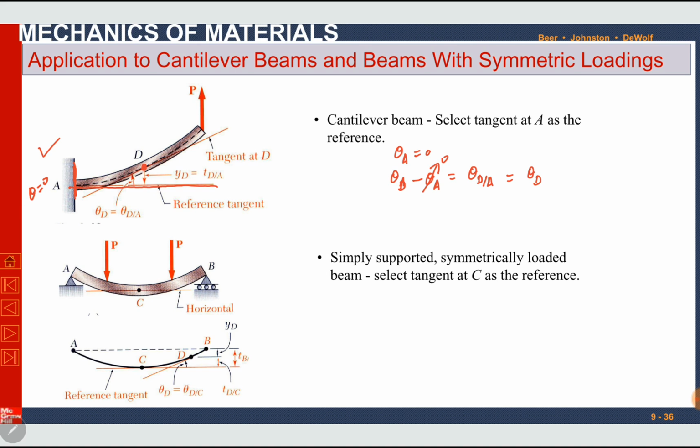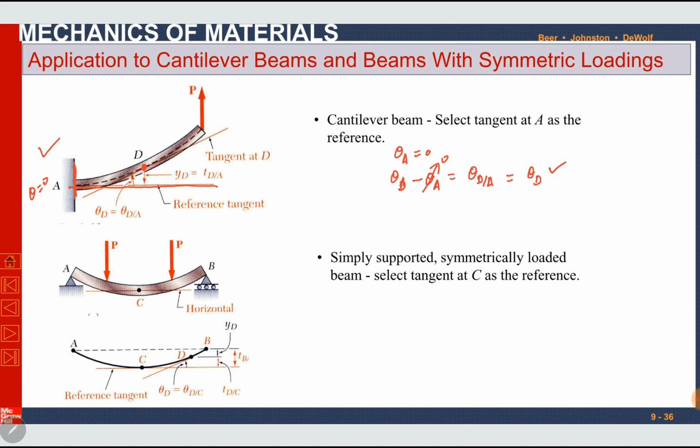So the difference between the slope of any point and the fixed point will be the slope of the same point, theta D in this case. We just have to keep one reference, and that reference should be theta equal to 0, which is at the fixed point in cantilever beams.